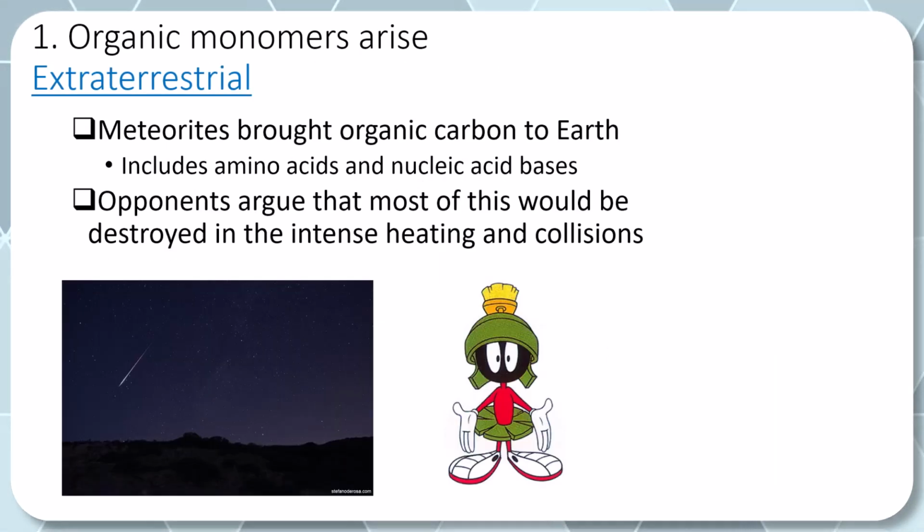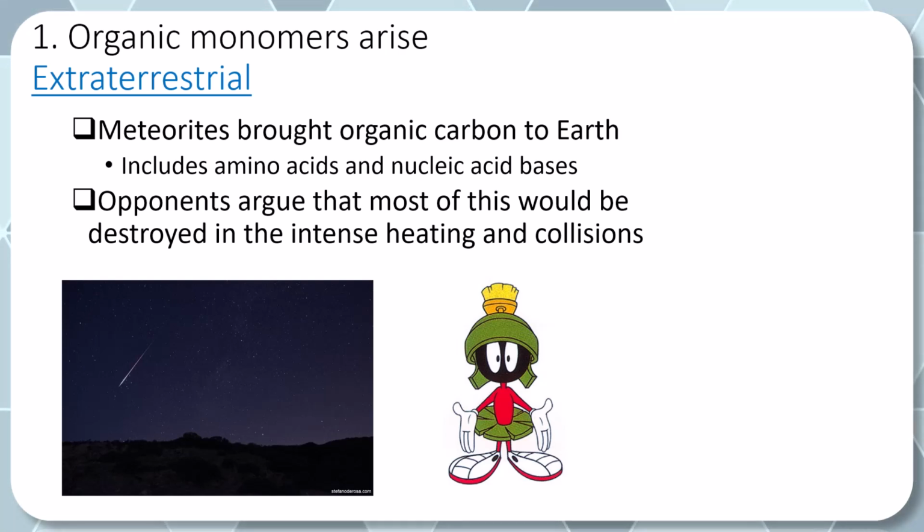Another possible explanation for how we got organic monomers is the extraterrestrial hypothesis. Honestly, this one's not really my favorite, and I don't think I'm alone in that. So the idea with this one would be that meteorites brought organic carbon to Earth, including things like amino acids and nucleic acid bases.